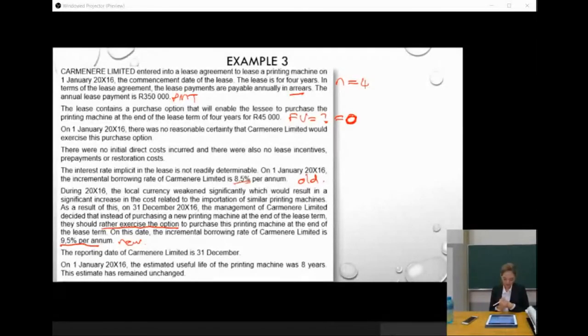Estimate has remained unchanged. So the fact that my estimated useful life was 8 years, but initially my lease term is only 4 years, means that initially I would have had depreciation just over the 4 years. However, later when we decide we are going to exercise the option to purchase, then we are going to use the full useful life.